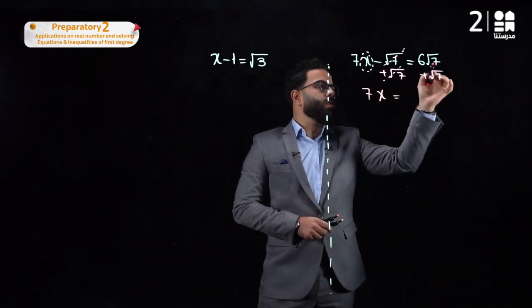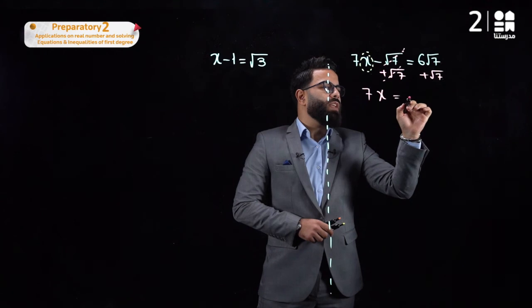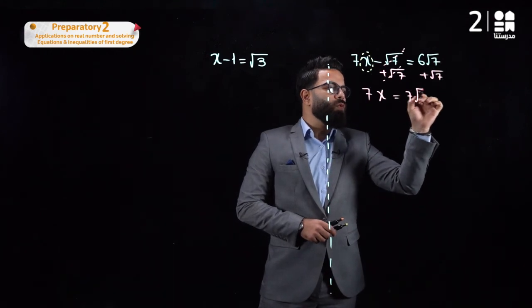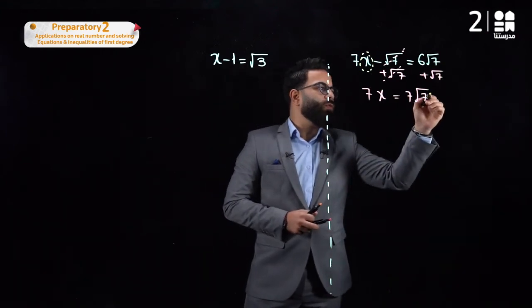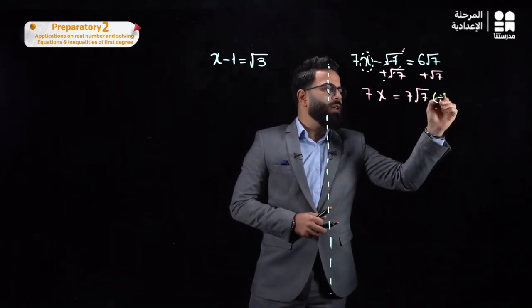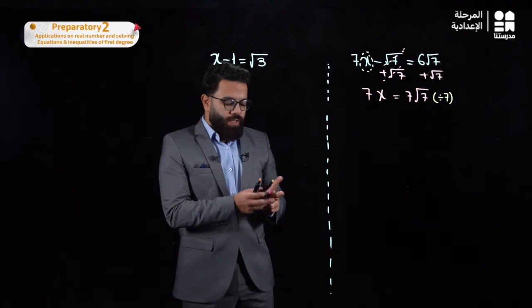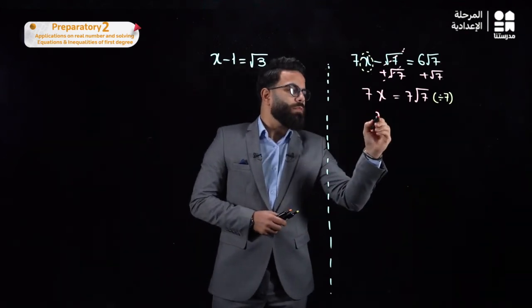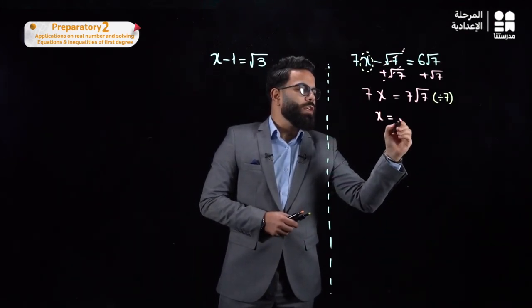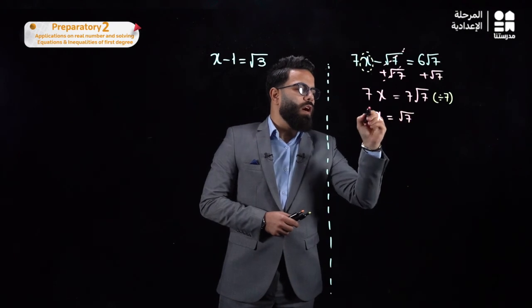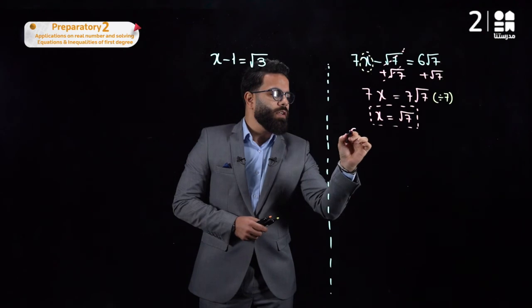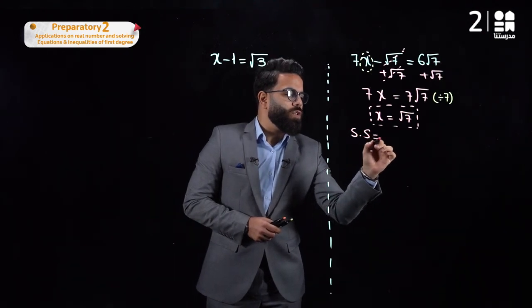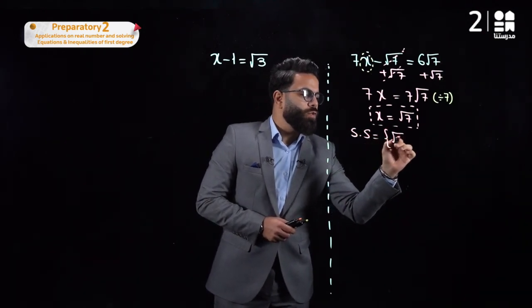So 6 square root of 7 plus square root of 7 is 7 square root of 7. Still we want to find x. So divide by 7 on both sides. So x will equal square root of 7. Is it clear? Okay, so we can say that the solution set is square root of 7.